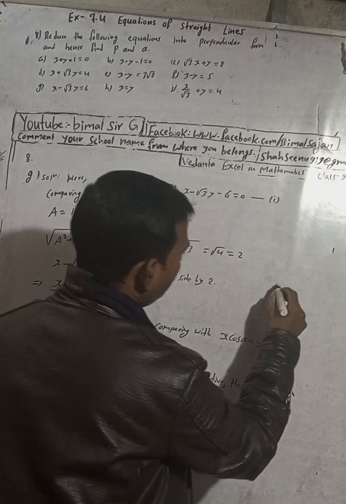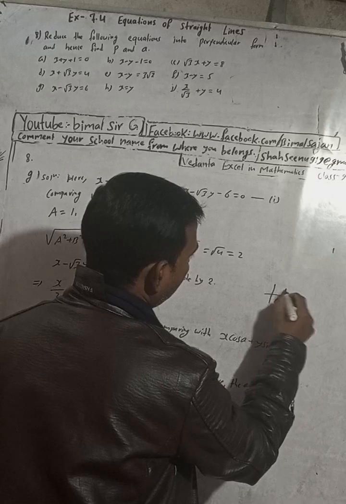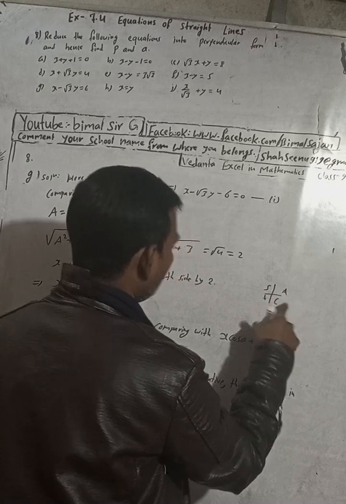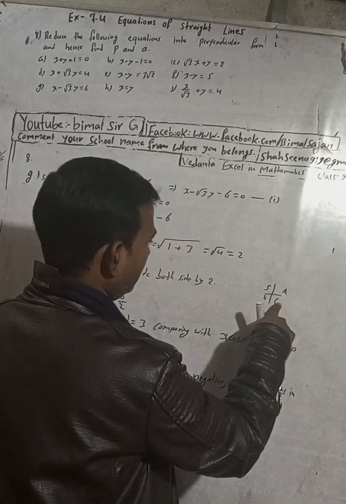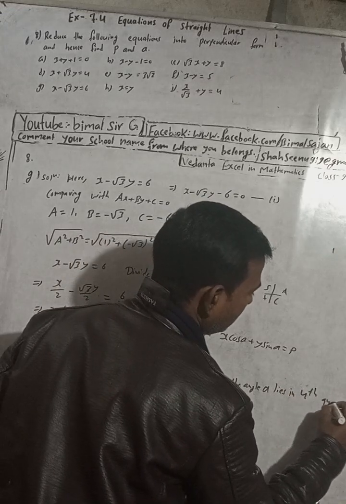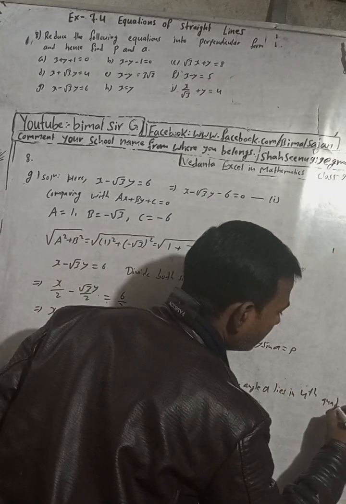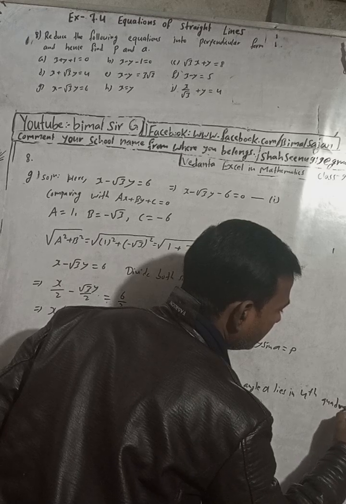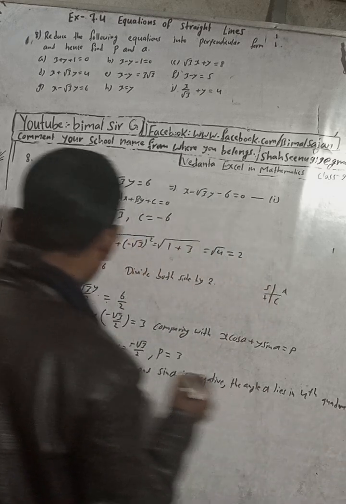In the CAST tool, see the CAST tool. CAST means in this fourth quadrant, cos is positive and sin is negative. So in the fourth quadrant.